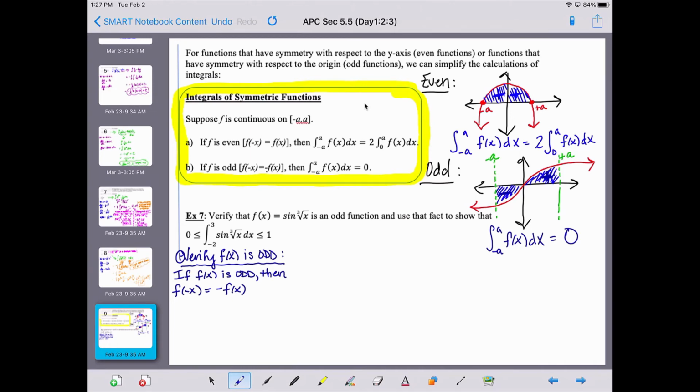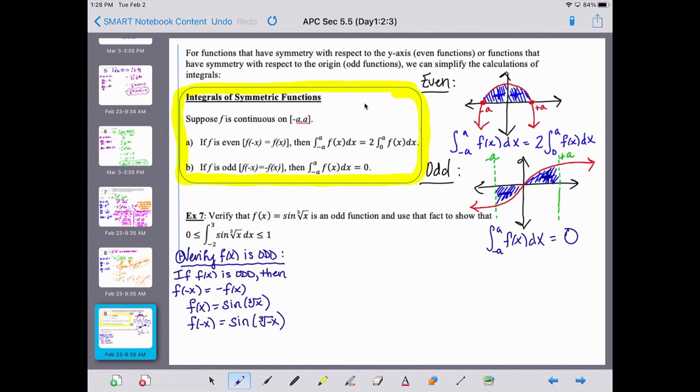So if we are starting with the function f of x equals sine of the cube root of x, and I were to plug in negative x for x, it would look like this.